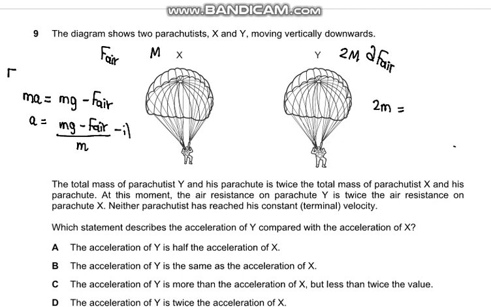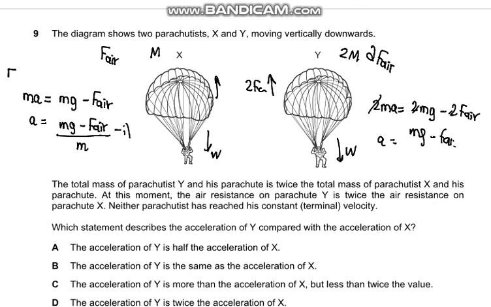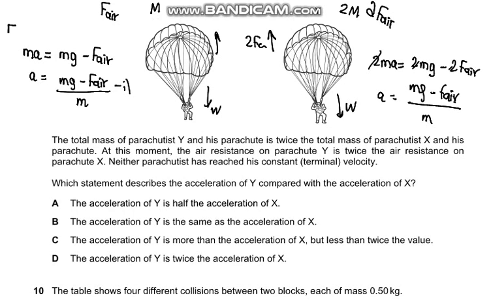So F equals the weight 2mg minus the air resistance, which is 2f air. So F equals 2mg minus 2f air, as it says in the question. The 2 cancels out from the whole equation, and again the acceleration becomes mg minus f air divided by m. So the acceleration is the same for both. So B is the appropriate answer.